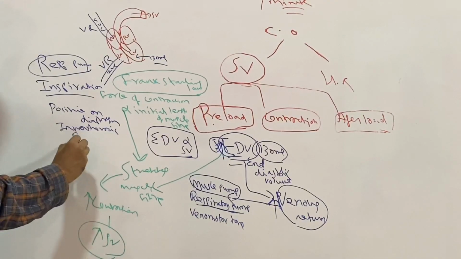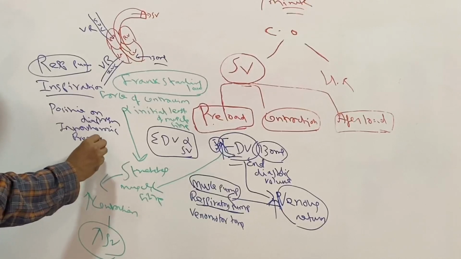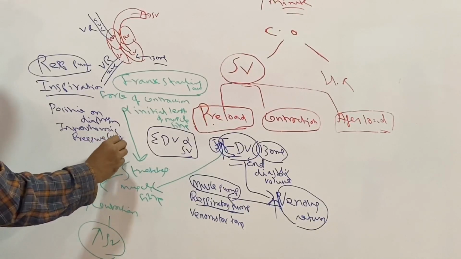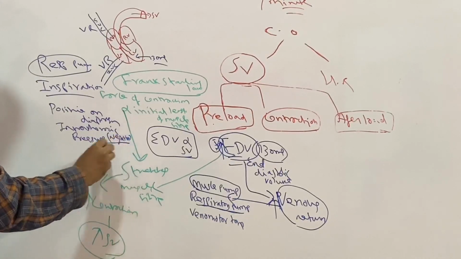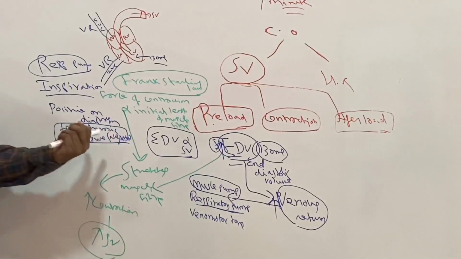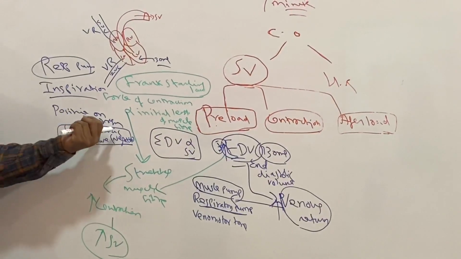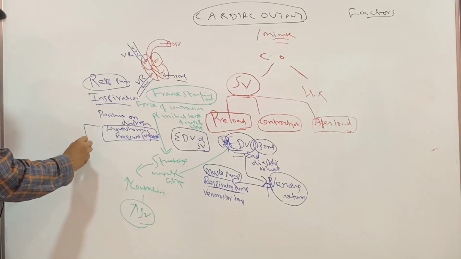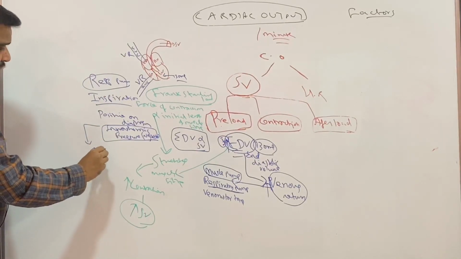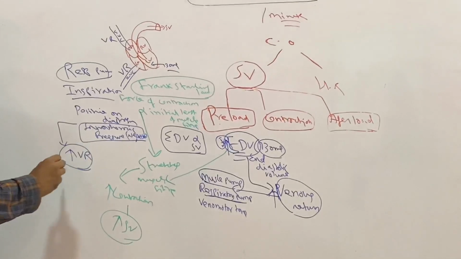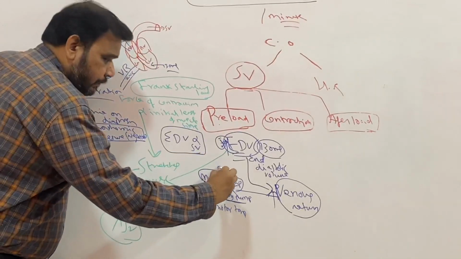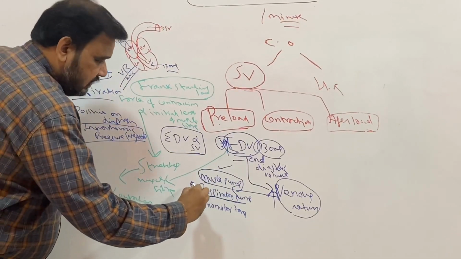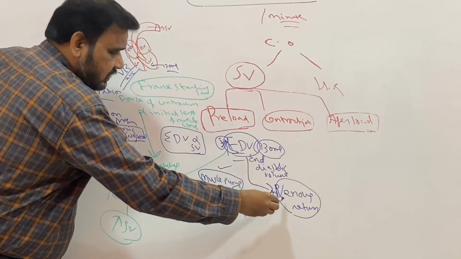The negative intrathoracic pressure increases the venous return. So I have discussed the muscle pump and the respiratory pump, which increase venous return.